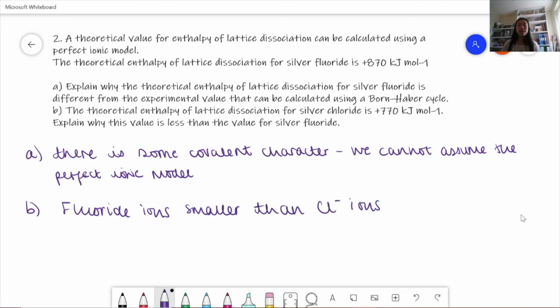And that means that we have stronger ionic bonding to that silver plus ion. And so the lattice enthalpy of dissociation for silver fluoride is a lot bigger.